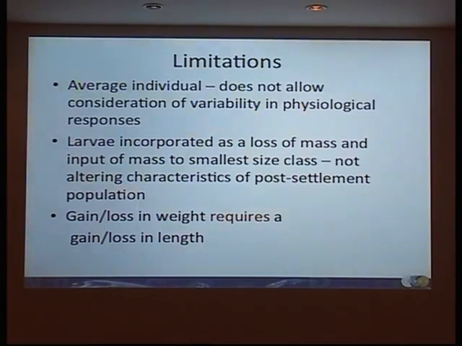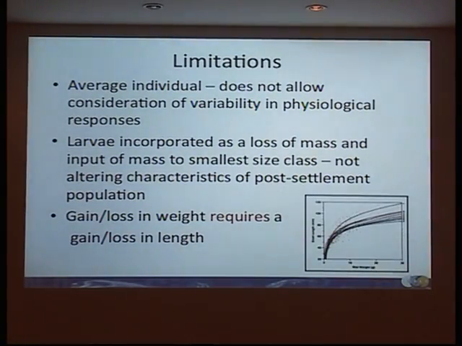And the way the model is developed here, if you gain or lose weight through a spawn, it requires that you gain or lose length because it's based upon a weight-length relationship. And that's a big limitation to these kinds of models because it's not realistic. You can lose weight, but not lose length, as an example.